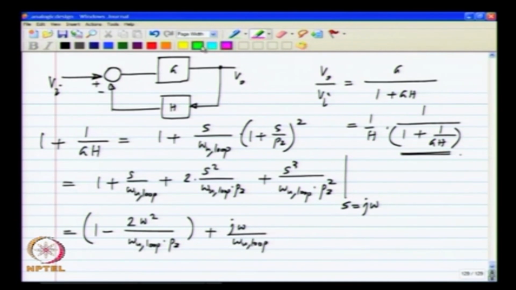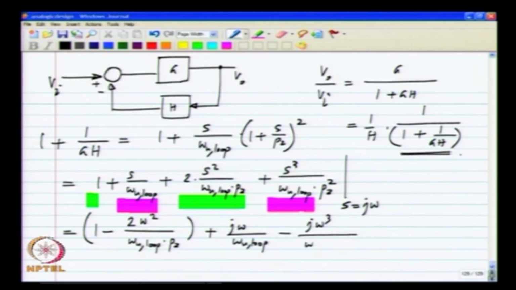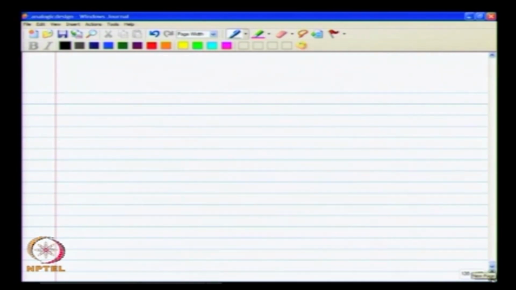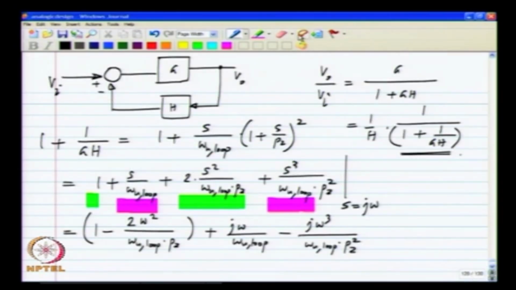Remember these two terms give the real part and these two terms give the imaginary part. Okay. Now, for the denominator to be 0, both of these real part and the imaginary part have to be 0. Okay. Let me copy over this expression.